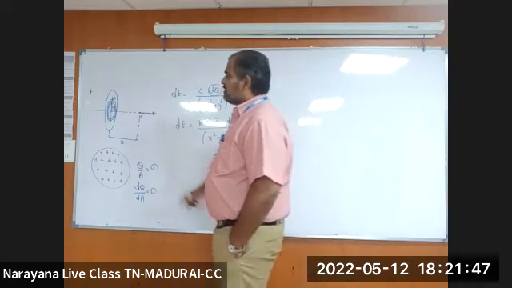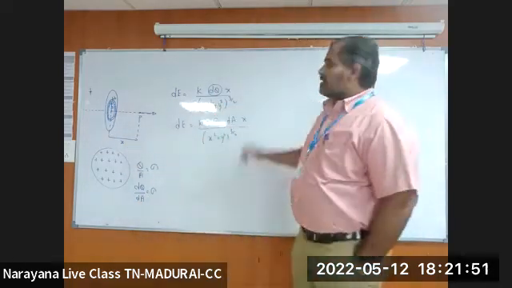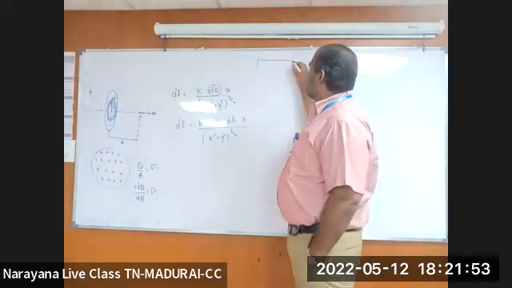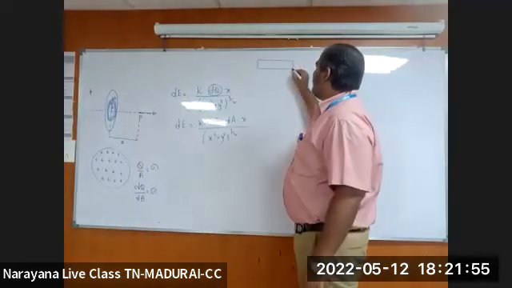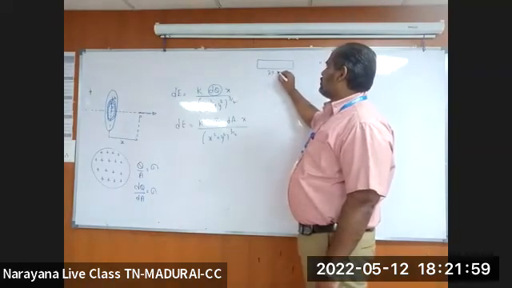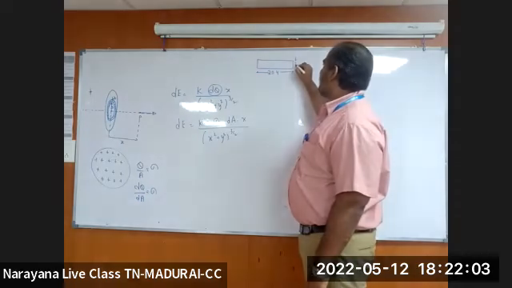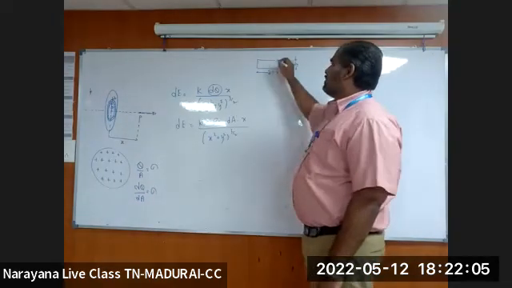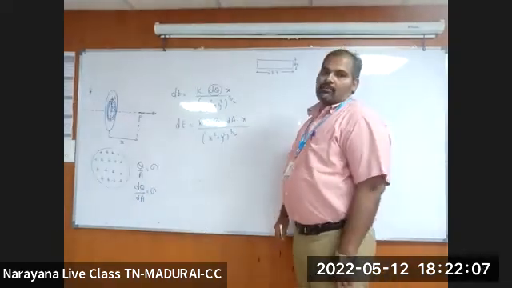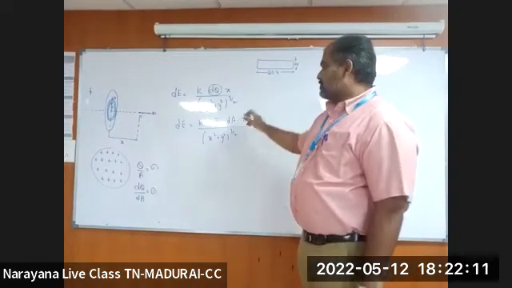That circular ring, I will convert into a rectangular belt. What will happen? Tell me. The length of the rectangular belt will be the circumference, 2 pi y, and the thickness will be how much here? dy. So what is the area of this rectangular belt? 2 pi y into dy, length into breadth. So I will substitute here.